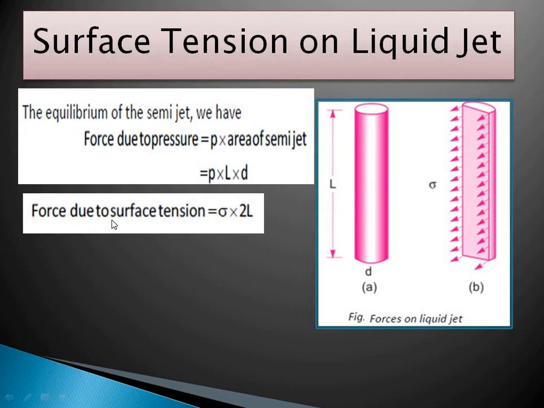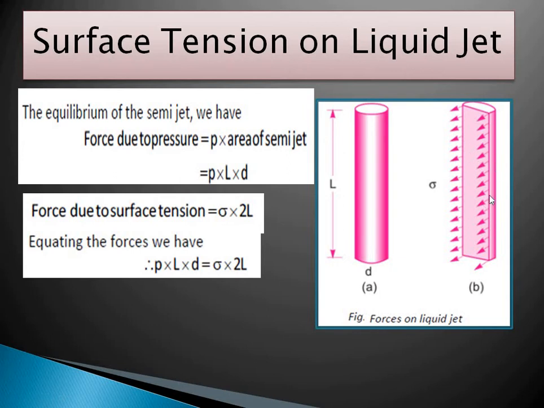So the force due to the surface tension is sigma into 2L, and the force due to the pressure opposes that, acting over this area. So again equating the equations, P into L into D is equal to sigma into 2L. Here L will get cancelled, and the remaining is P is equal to 2 sigma divided by D.